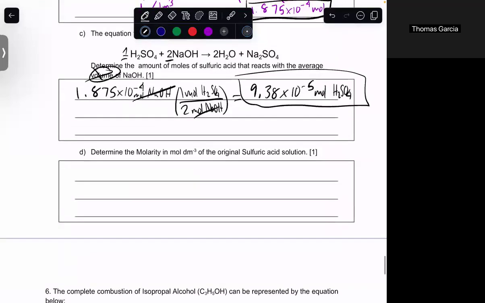All right, determine the molarity in mole decimeter cubed of the original solution. Well, we just know that's mole over volume.